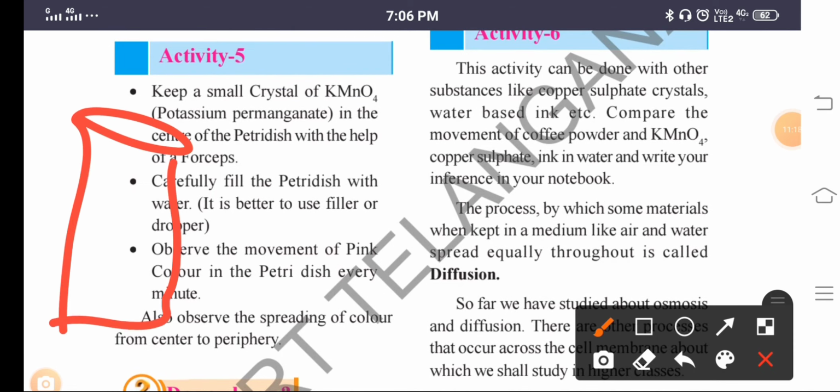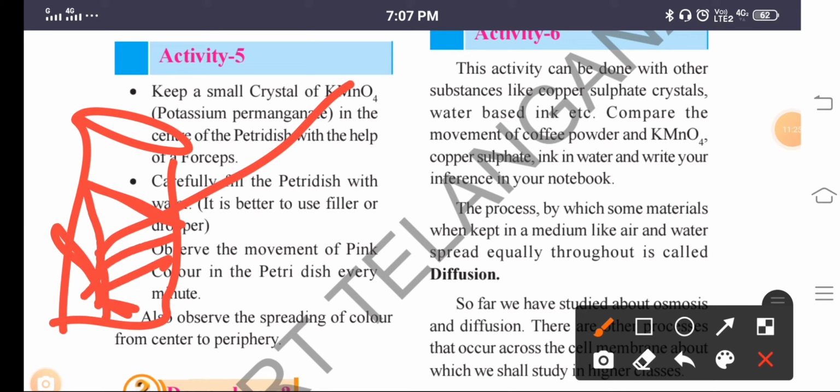After taking the beaker and pouring the water and leaving the KMnO4, it goes to the bottom, dissolves and spreads through the entire beaker, and the water turns into a pink color.